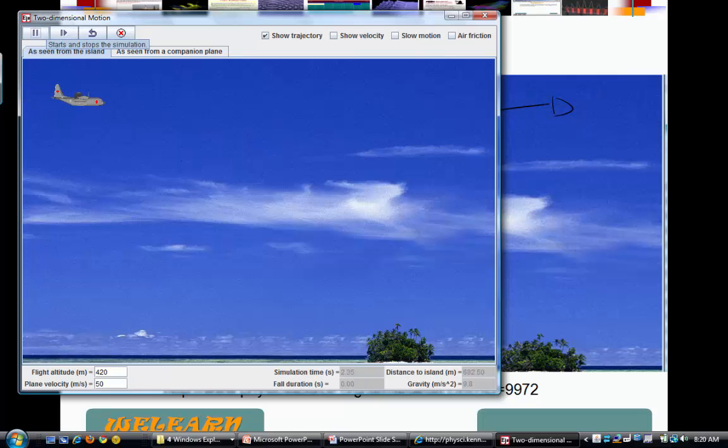Okay, here is the airplane moving at a constant velocity. And then I release the package.